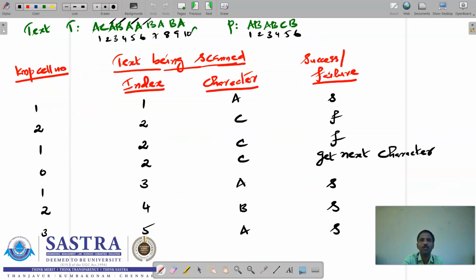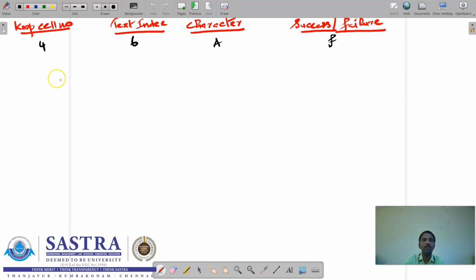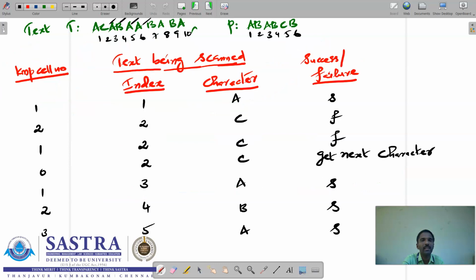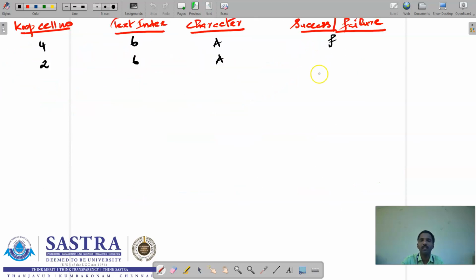Fail of 4 is 2. So next cell number is 2. In case of failure, retain the text index and character as it is. Now check if cell number 2 has character A. It's not character A, it's B. So again, we have got a failure 1.